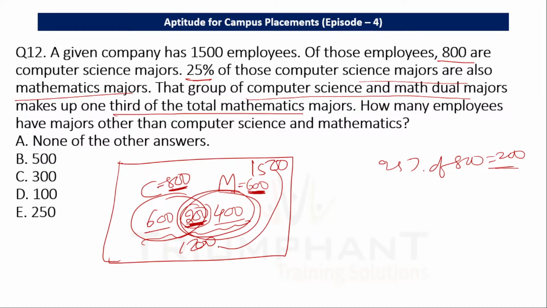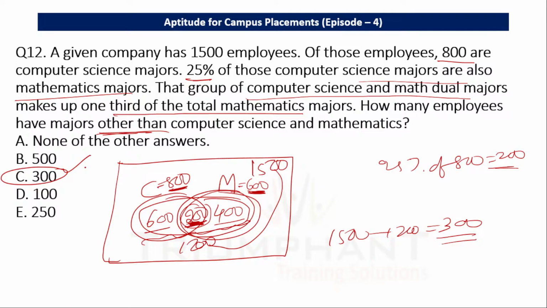Out of 1500, if 1200 people have maths or science or both, then how many have other than these? 300. 1500 minus 1200, 300 is the answer, which is option C. Right? 1200 people have one or more, remaining people have none of these two. So 300 people have neither mathematics nor computer science specialization. Right? Understood? I hope you got it.